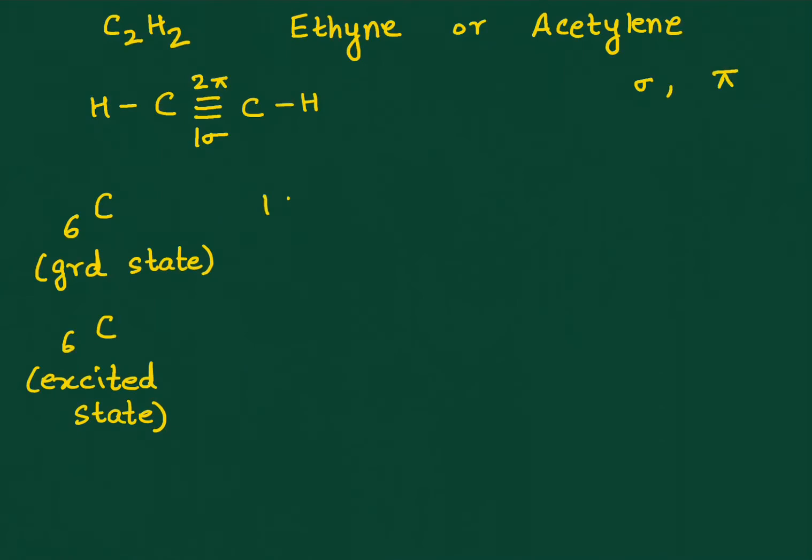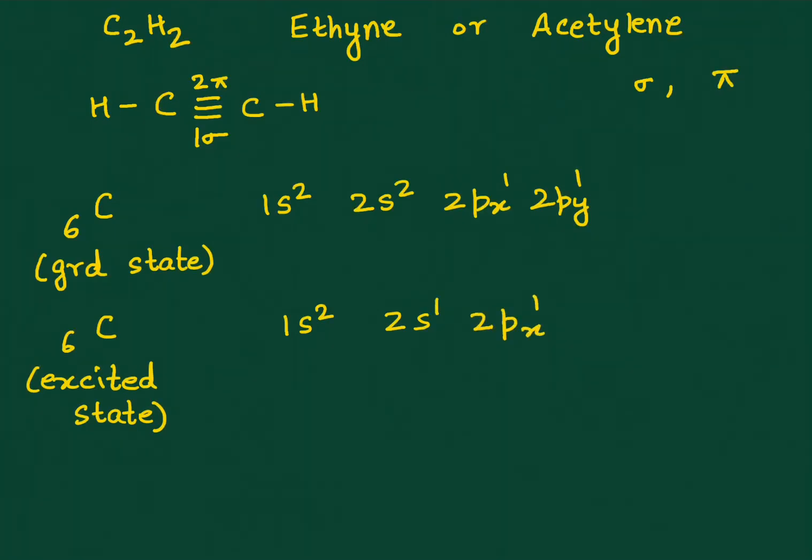Go ahead. 1s2, 2s2, 2p2. Excited state: 1s2, 2s1, or better still, we will write 2p as 2px1, 2py1. In the excited state, very good, the electron from the 2s jumps into the next higher energy level.